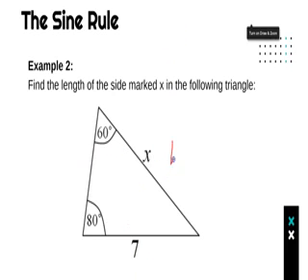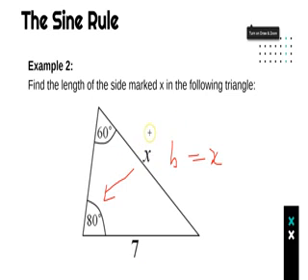Side B is X, and the corresponding angle is 80 degrees. So we are given side A and its angle, and B is not given, but its angle is given.